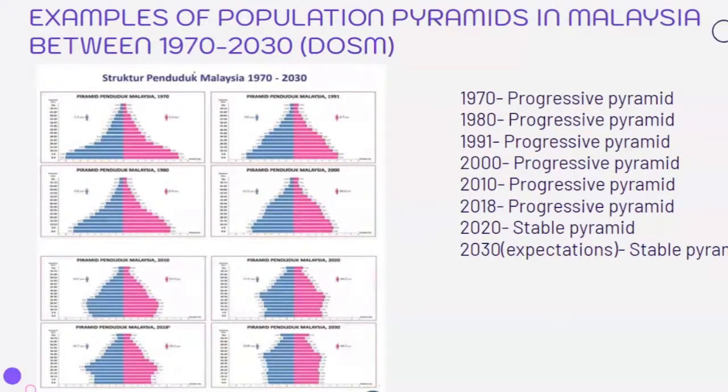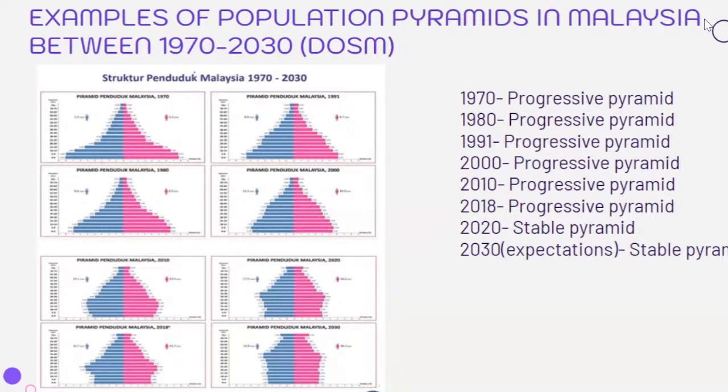Here is an example of the population pyramid in Malaysia across several decades. I hope all can see it. Here we can see how Malaysia progresses toward a stable population structure.